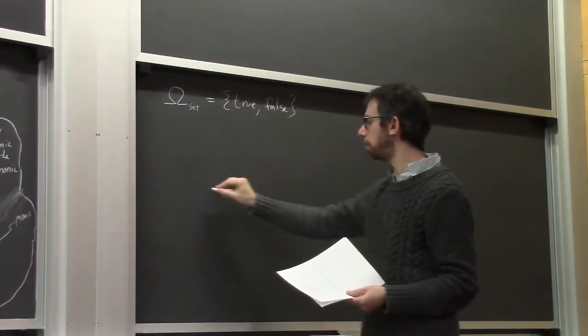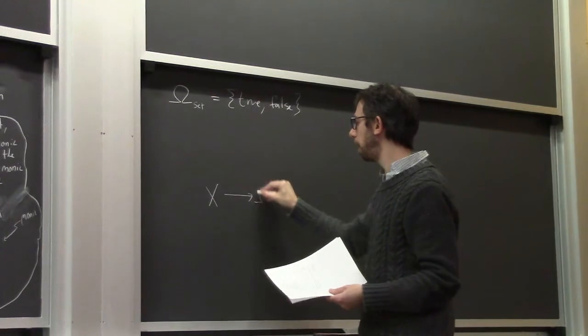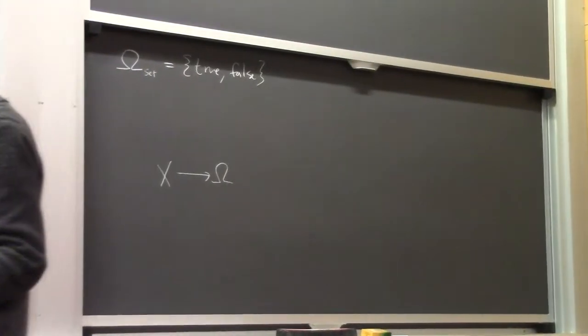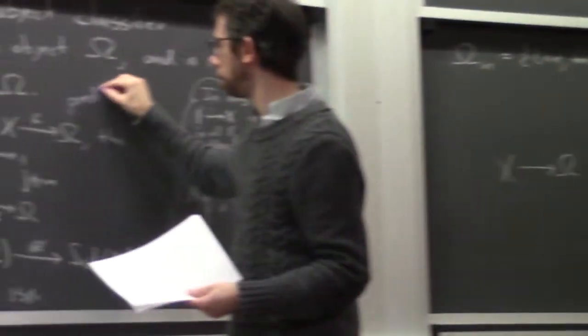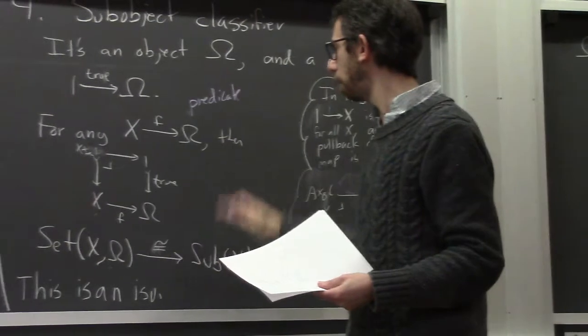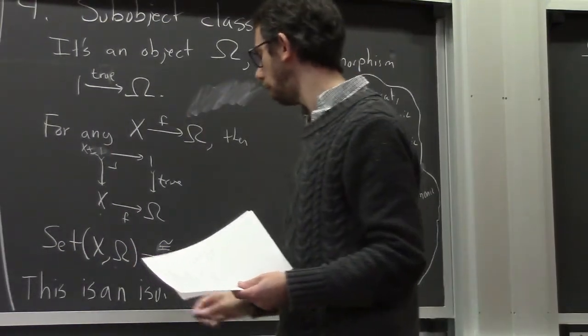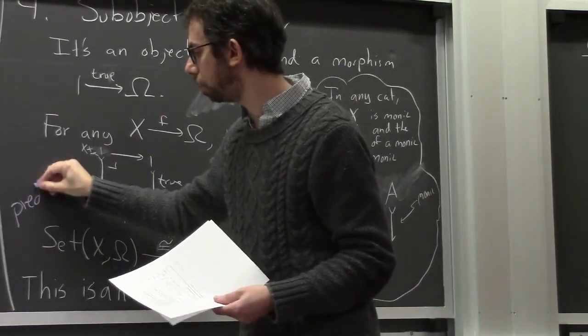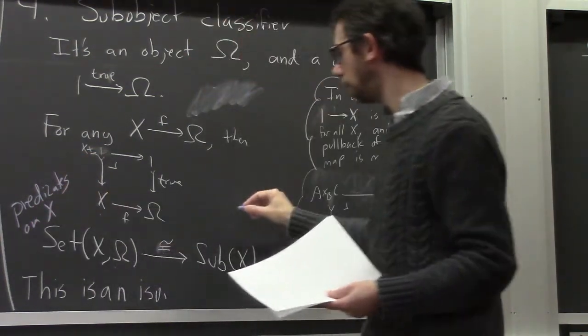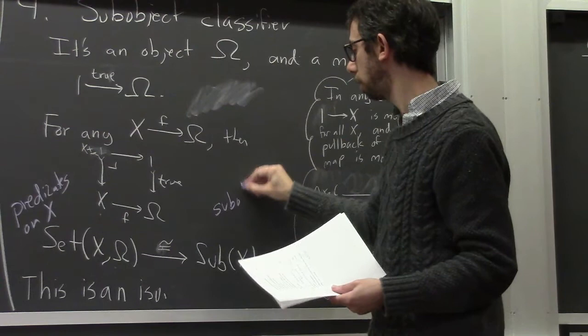And what that means is that a map from x to omega is called a predicate, and predicates and subobjects are in isomorphism. Predicates on x are the same as subobjects of x.